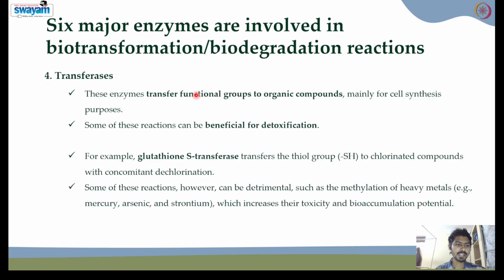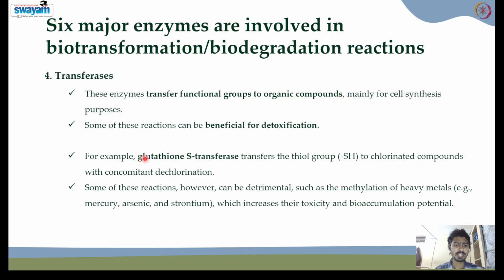So the next class of enzyme is the transferase, where these enzymes help in transferring a functional group to the organic compound. What kind of functional group? It can be either a thiol group like SH or a hydroxyl group like OH. And why is it so? It is mainly essential for cell synthesis and sometimes for detoxification.